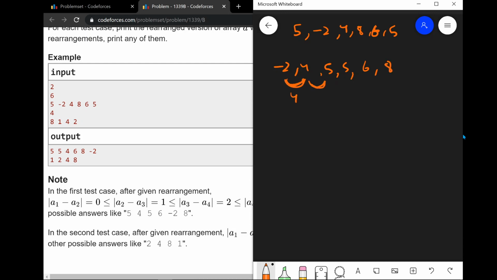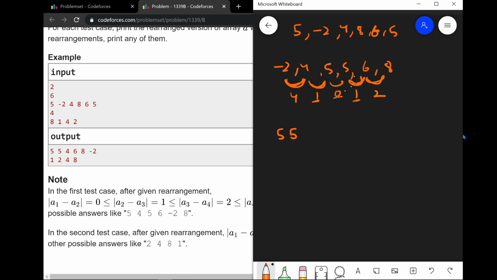This is 4, 0. Here it's 1, here it's 2. So any one of these, then we will go to somewhat adjacent of these with difference 1.